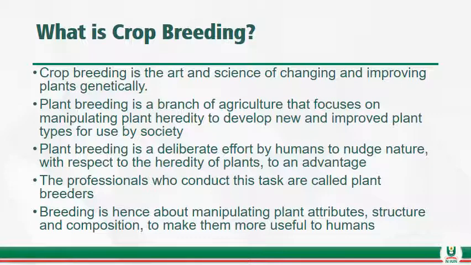And this plant breeding is a deliberate effort. It's deliberate, it's not natural. What human beings do is that they deliberately go there. The plant breeders, those are the people that do plant breeding, manipulate the genes in different ways to an advantage, of course, not to a disadvantage.